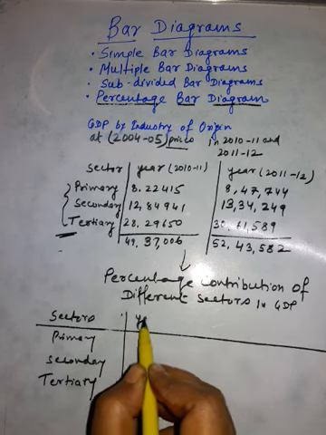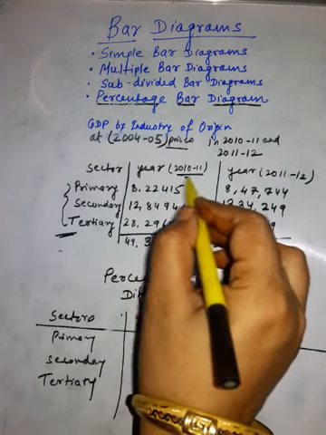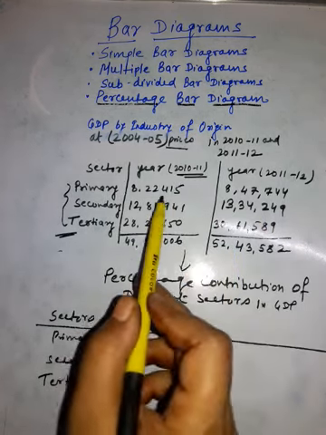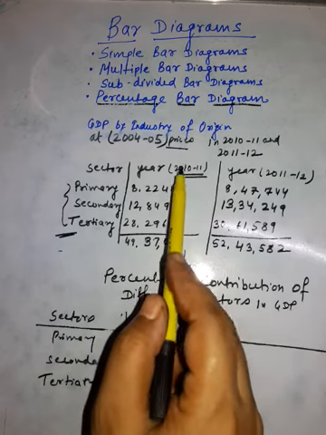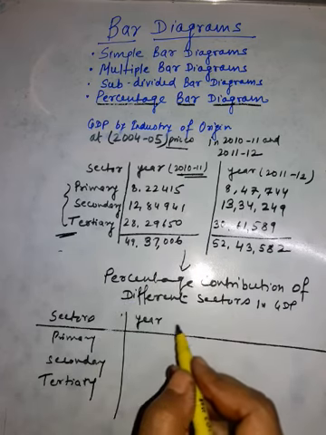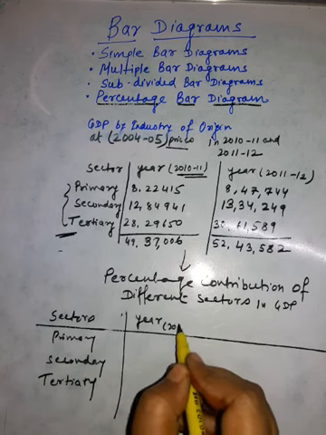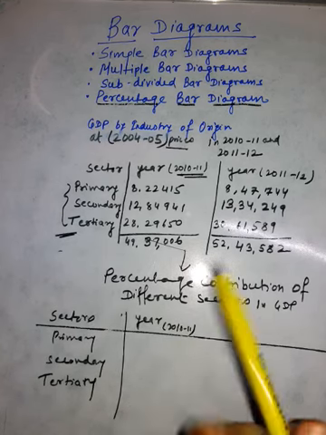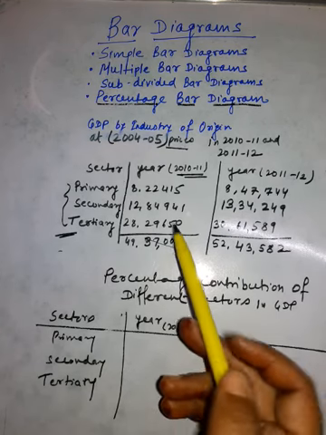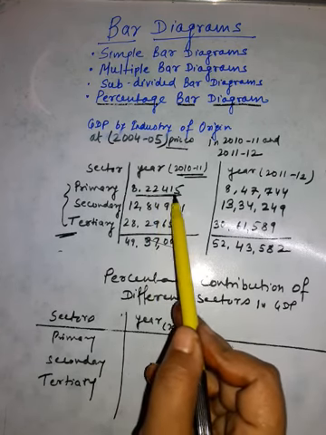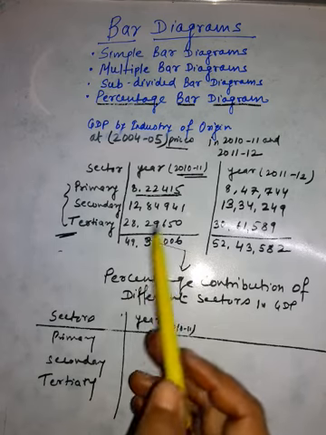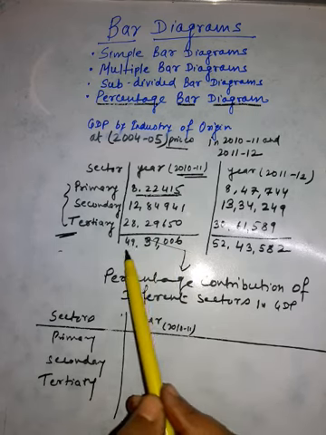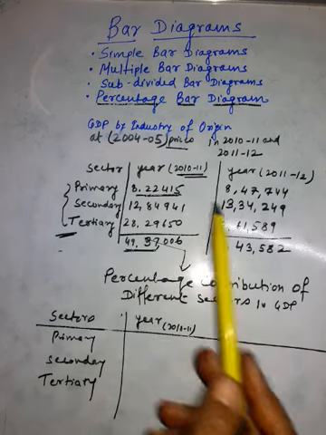Here, first I will convert the data of 2010-11 into percentage. Okay, the first is 2010-11. We can convert this data into percentage, students, by dividing by the total and multiplying by 100.